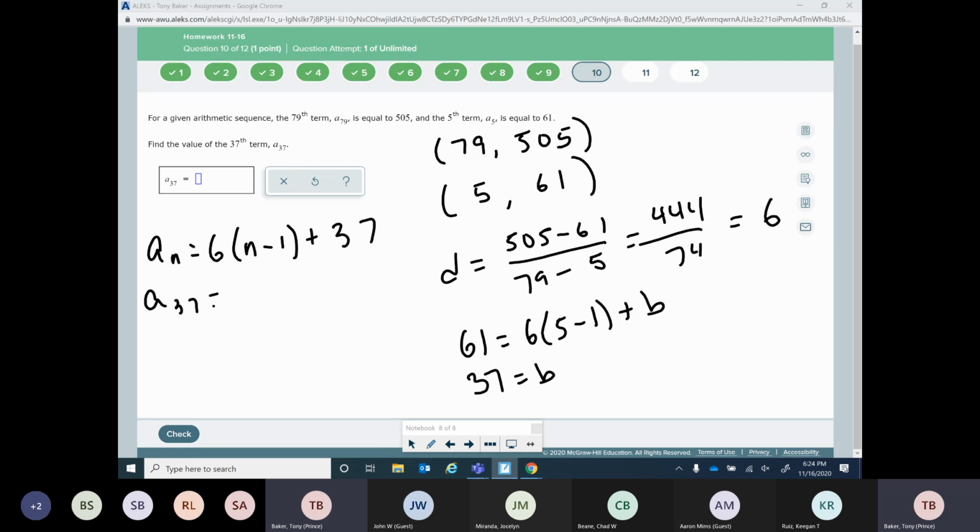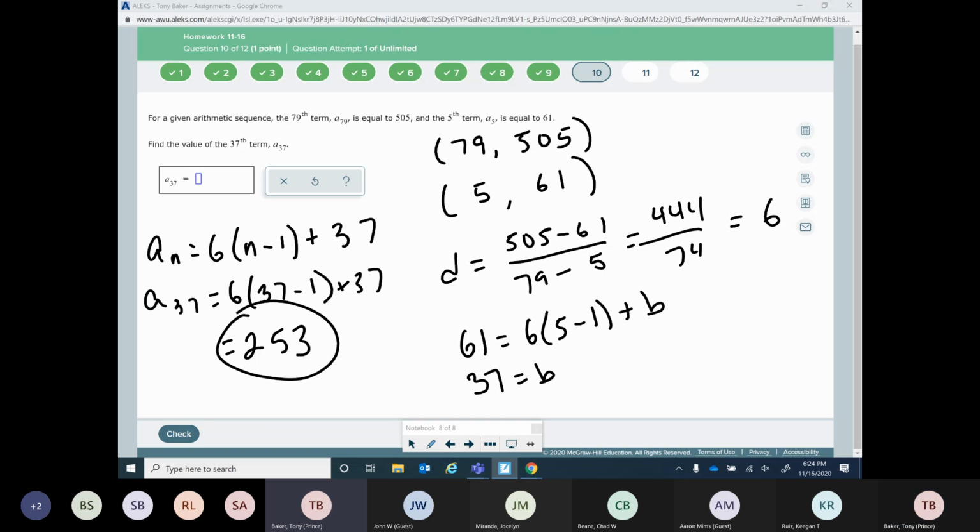And now I can find my 37th term. So it equals 253. So in essence, you're doing very similar to what we do for the slope-intercept form. We're finding the slope, then we plug one of the points back in to find the intercept part.